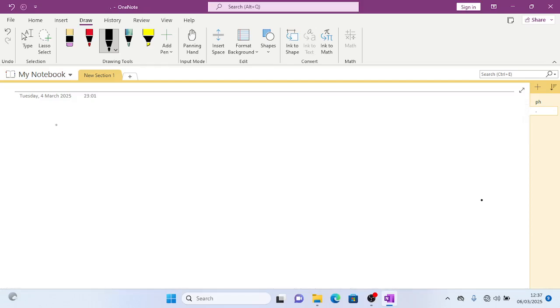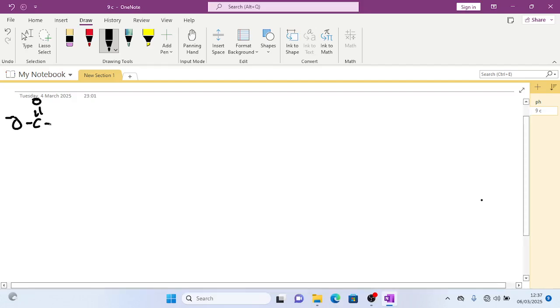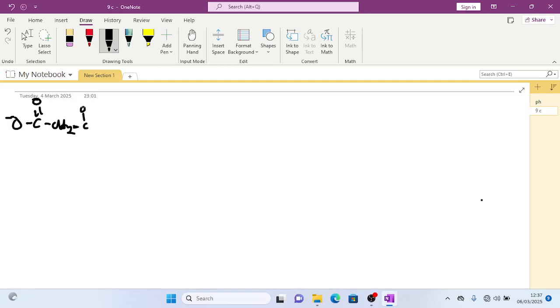Newly formed mevalonate is to be converted into isoprenoid, right? So this is the carboxyl group. This is our mevalonate.